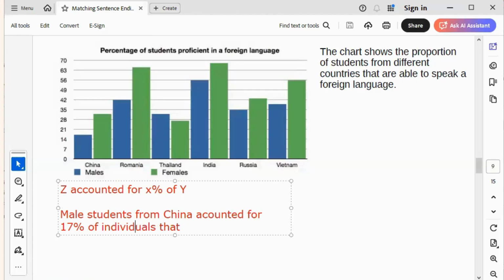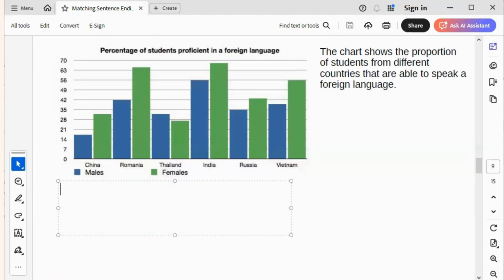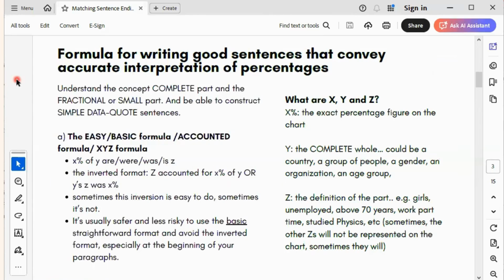Let me adjust something here. Male students from China that can speak. Hold on, I need to check something again here. Let me be sure I'm using that formula correctly.